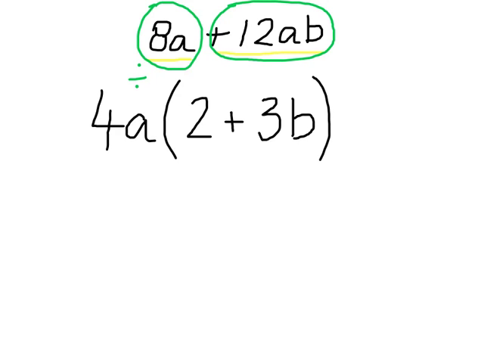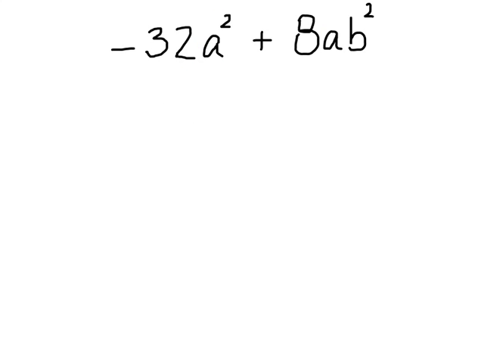Alright, let's move on to an example with a negative. So, once again, exactly the same steps. So we're going to find our highest common factor. Now in this case, we've got negative 32a squared plus 8ab squared. 32, highest common factor of that and 8 is 8.